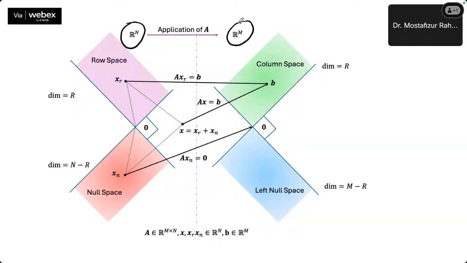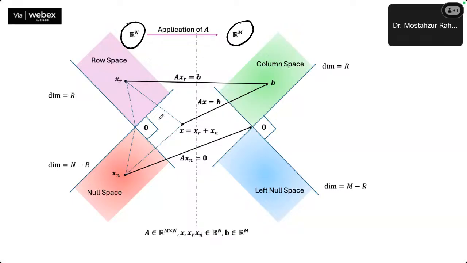Your function is transferring you from n to m with the application of a linear function, that's a matrix A. So your x vector may have two components: one is the row space component and one is the null space component. Means your solution may not be an exact solution because it may be a rank deficient system.